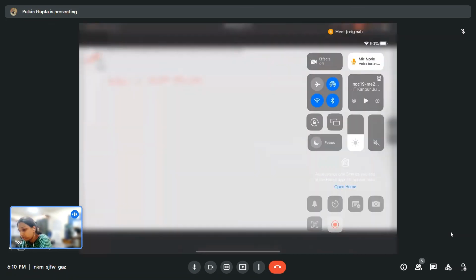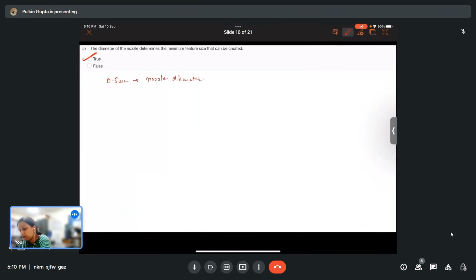Your objective is to make a cylinder of diameter 0.1 mm. Whatever this nozzle is extruding is already 0.5 mm.